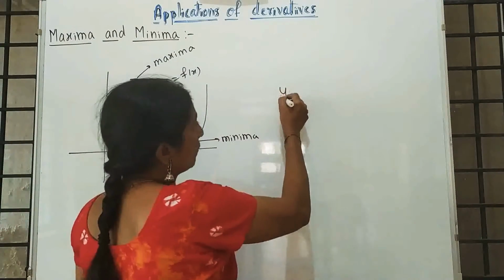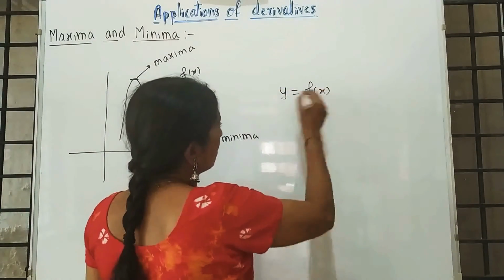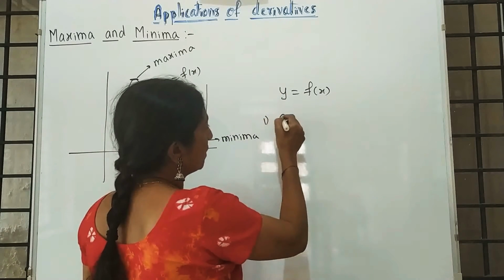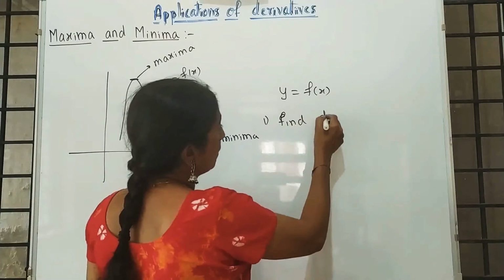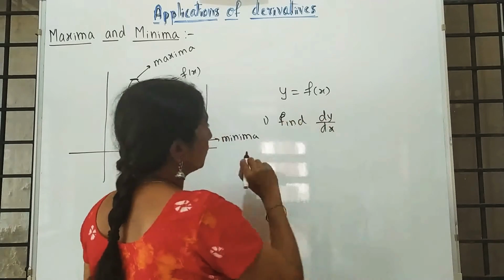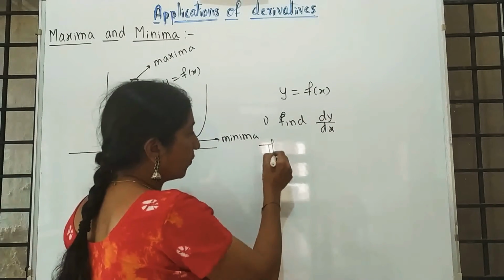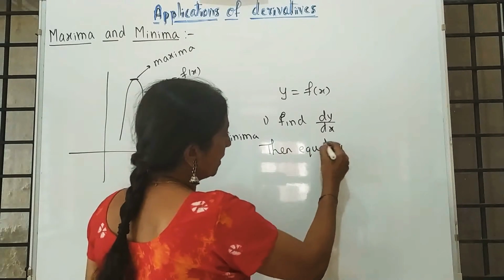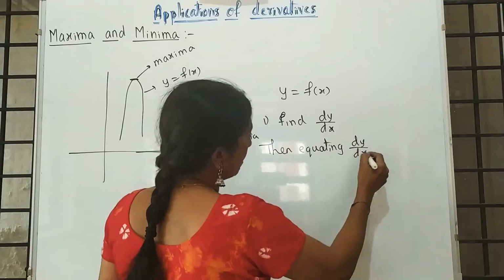One curve is given to you in the form of y in terms of x. What is the first step? First step is to find dy upon dx, the first derivative, and then equate dy upon dx with 0.